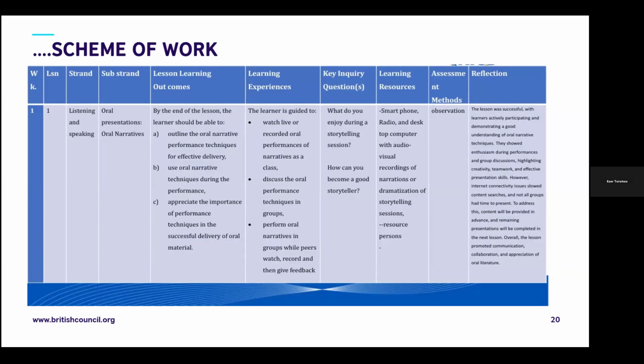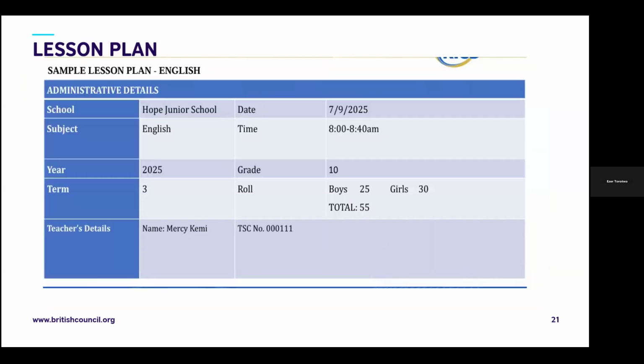There's a question I'll ask there, but we move on. We look at the second one, which is a sample lesson plan. The first page of a sample lesson plan is administrative details, where, as you can see, the name of the school, the date, the time, the subject, the year, grade, the roll, boys, girls.